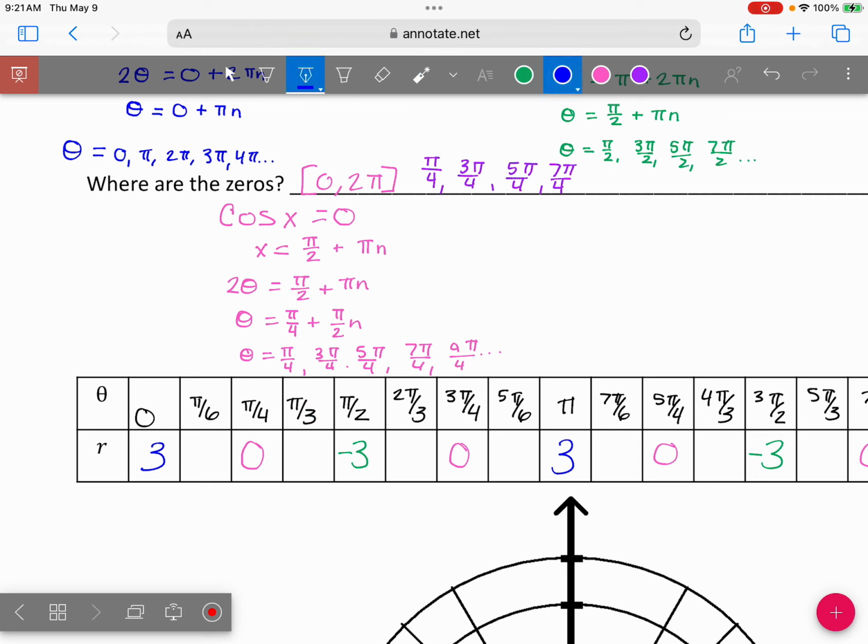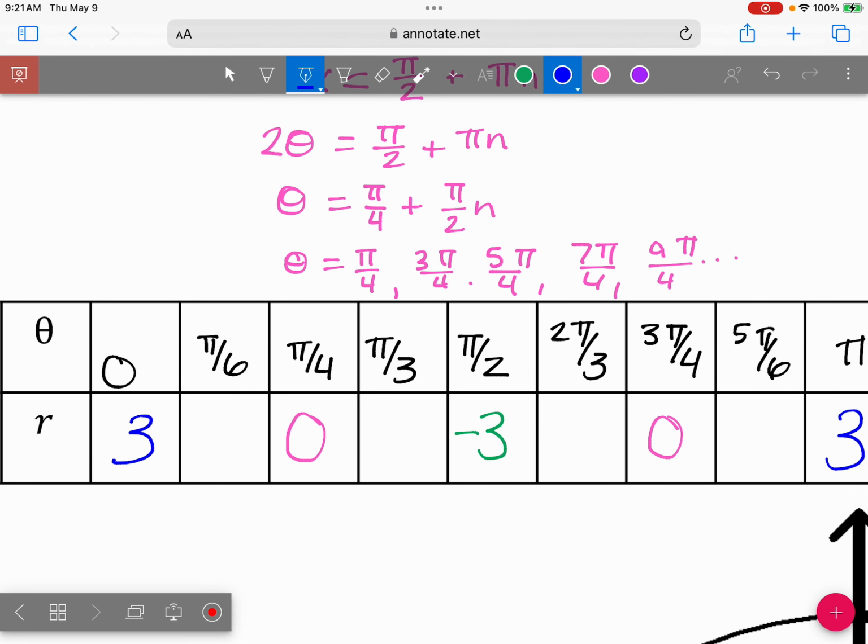So we're going to do our 3 cosine of 2 times pi over 6, which is going to give us about 1.5. 3 cosine 2 times pi over 3 is going to give us negative 1.5.